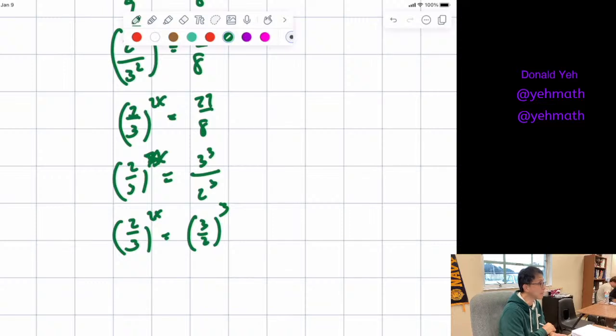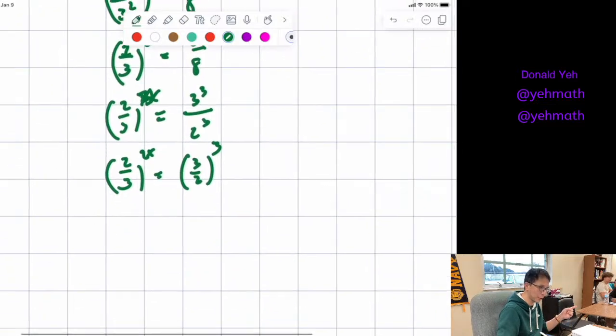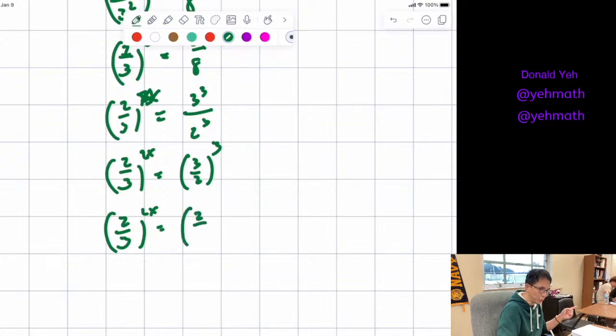Does that make sense? Now I just need to change 3/2 into 2/3. How do I change that? Negative powers. You learned that from the first lesson, and you don't know how to apply the old knowledge to the new knowledge. So (2/3) to the 2x equals (2/3) to the -3.